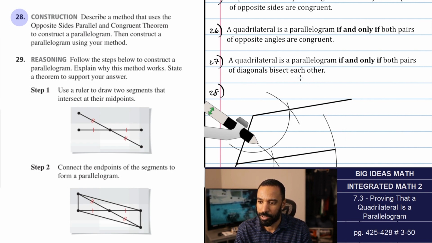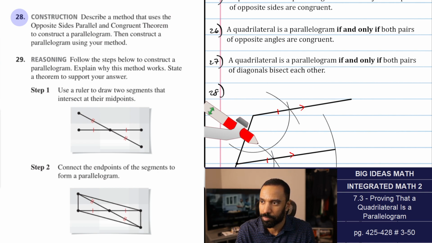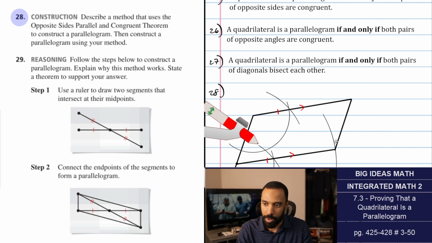Now those are parallel and congruent to each other. I mean, as much as I can construct myself. So these are parallel. These are also congruent to each other. And then I can connect the last set of sides. Okay, there's my parallelogram.